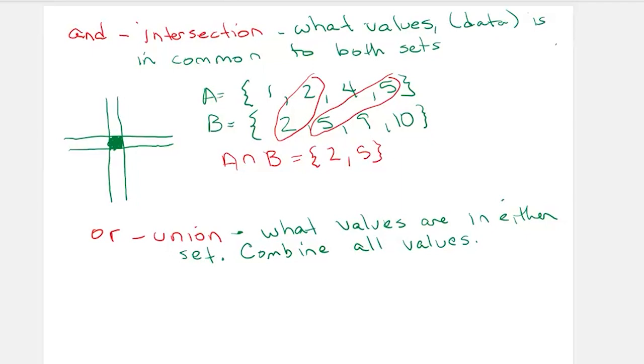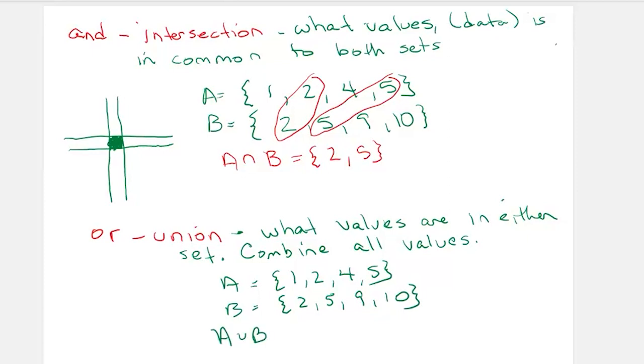So if I use the same example where I have A equals 1, 2, 4, 5, and B equals 2, 5, 9, 10. For this set, which is a little different than the inequality, but I just want to explain union and intersection. When I say the union, I want all the values, right?